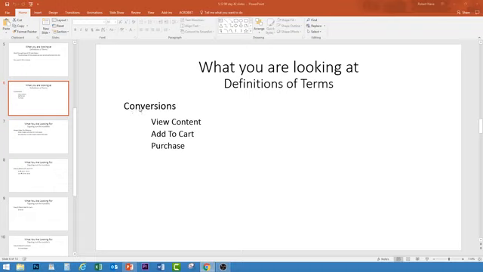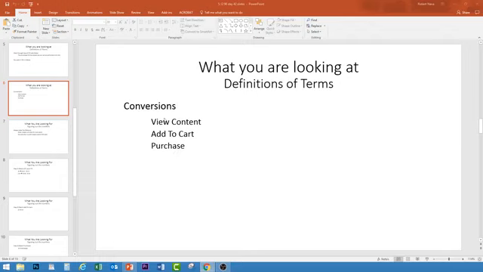Okay, so when you find people like me that are very general with terms, sometimes I can use conversions synonymously with purchase. But conversions can be a lot of different things. Conversions can be the three that we have here: view content, add to cart, purchase.